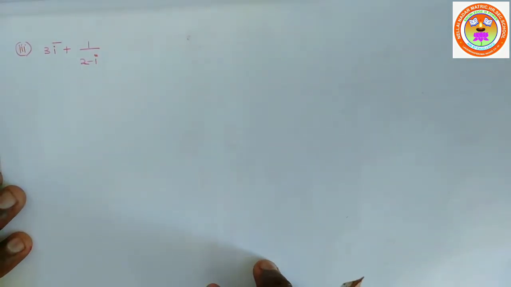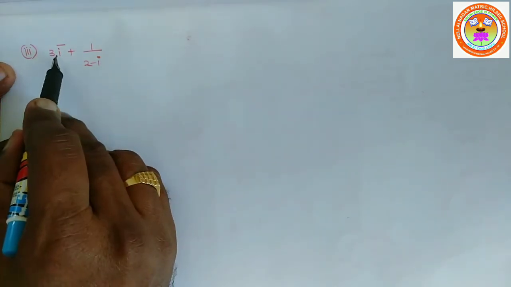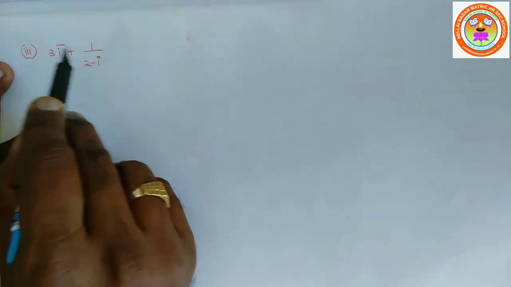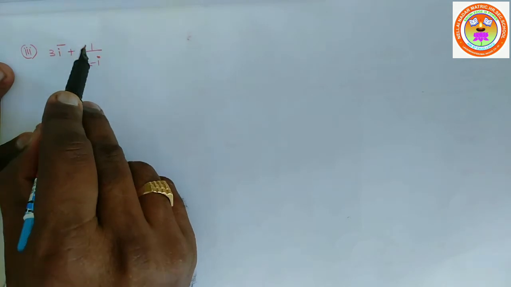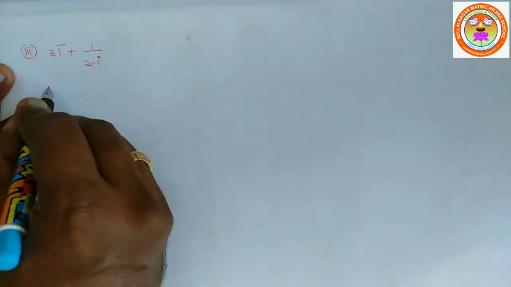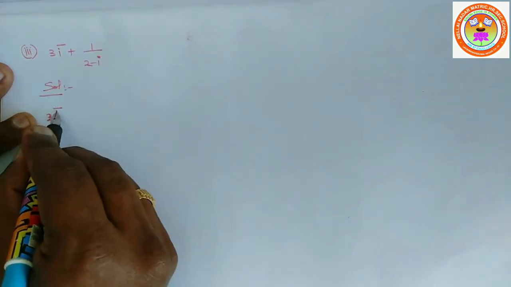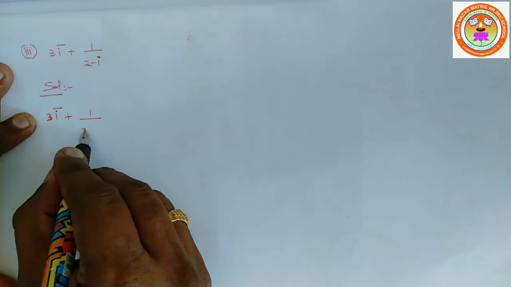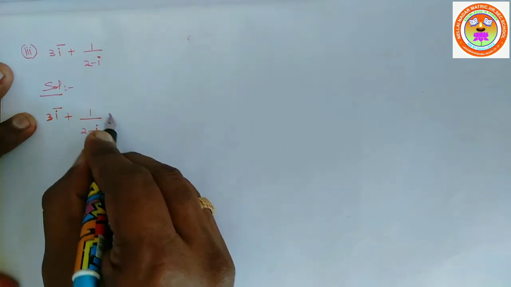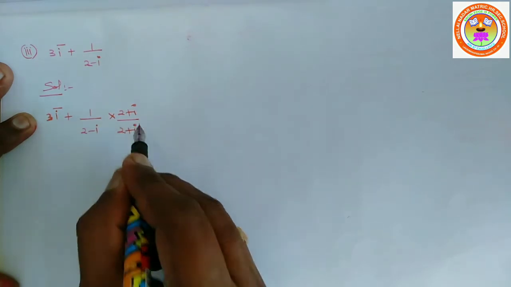Next: 3i bar plus 1 divided by 2 minus i. 3i bar is a complex number, 1 is also a complex number, and 2 minus i is also a complex number. So what can I do? Solution: 3i bar plus 1 divided by 2 minus i, multiplied by the conjugate 2 plus i divided by 2 plus i.